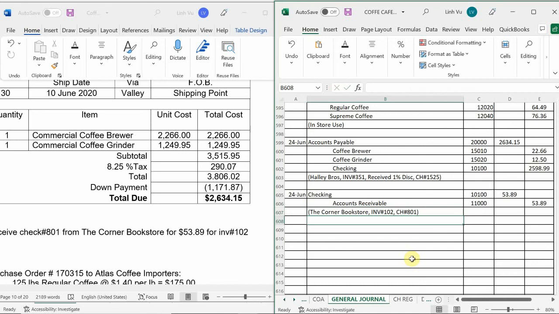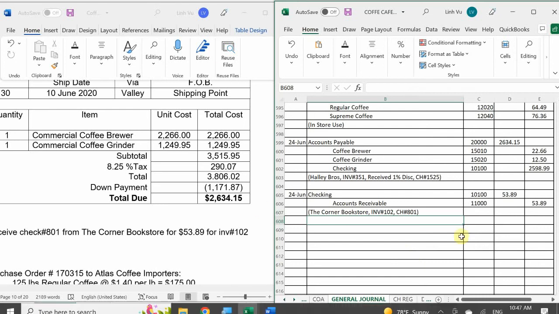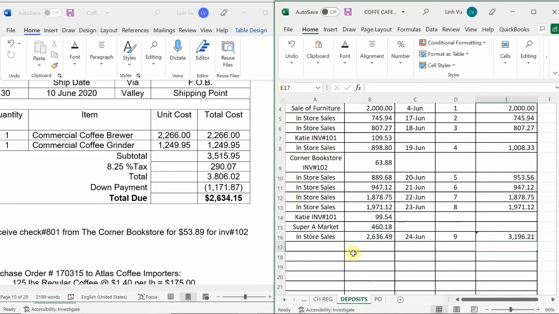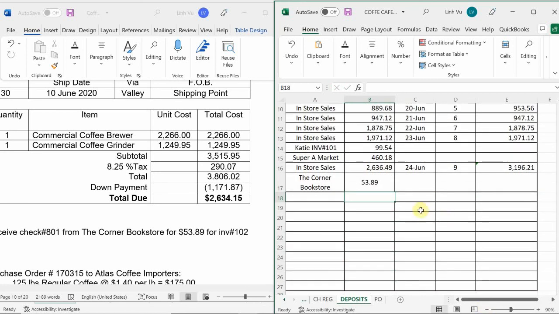We said that was 50% and it's going to be due in 5 days. So they're paying for this amount right here. Okay. And of course, I need to deposit that check, okay, for the corner bookstore. Okay, for check number 801 for $53.89. Okay.